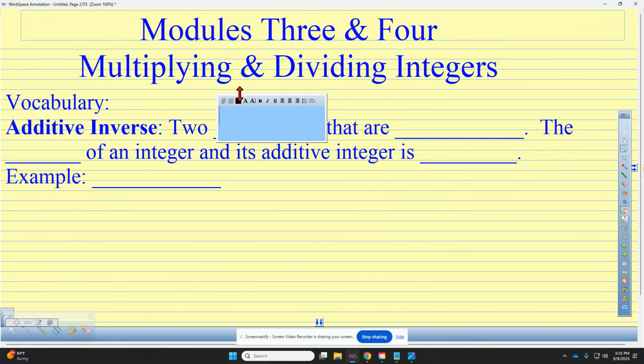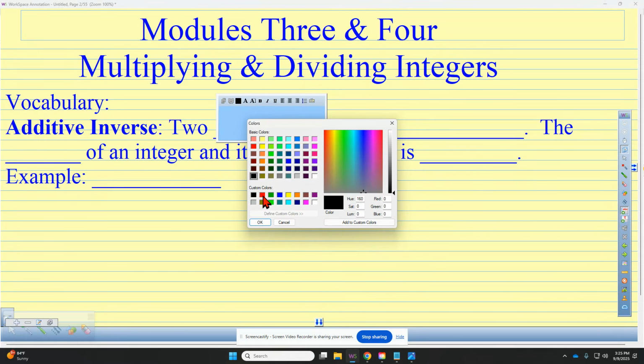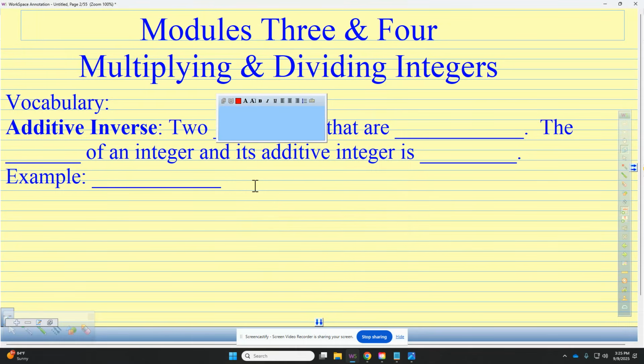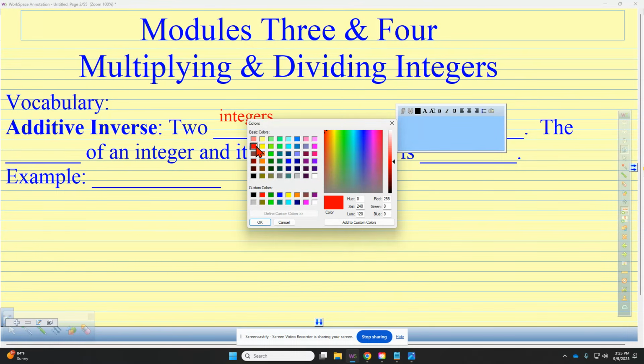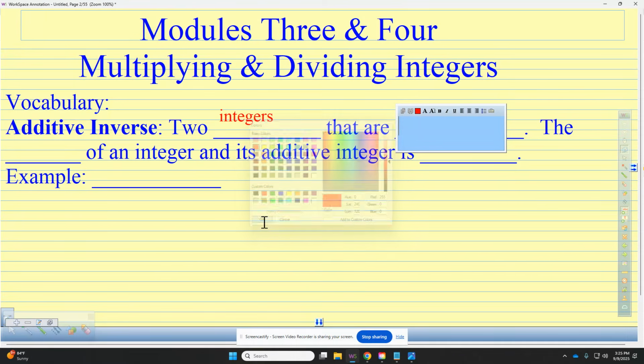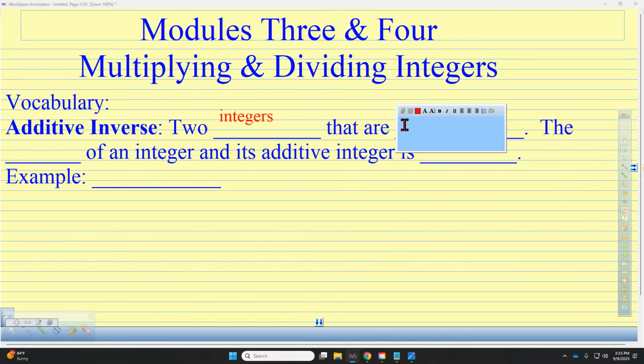So we'll start with additive inverse, and that is when two integers that are opposite. So that's opposite.